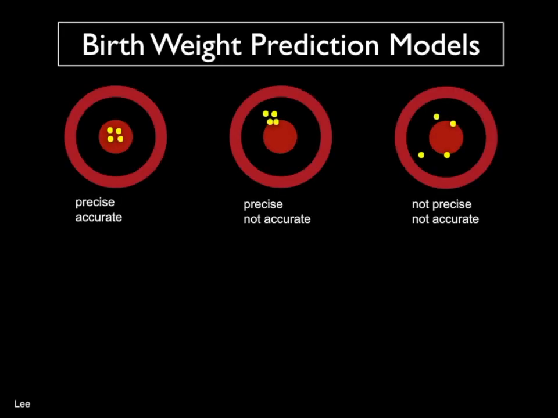The ideal birth weight prediction model will produce results that are both precise and accurate. But sometimes the EFW can be precise between several measurements, but not very accurate. Another possibility is that EFW may not be either accurate or precise.